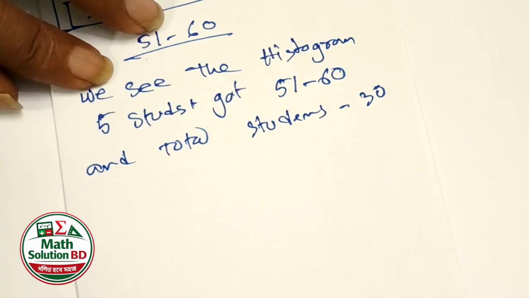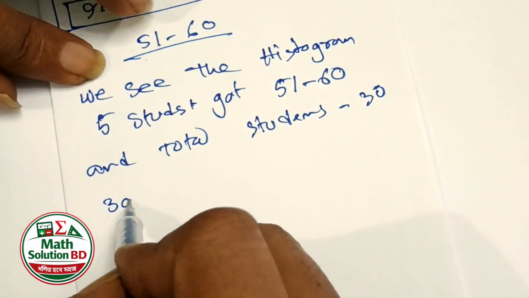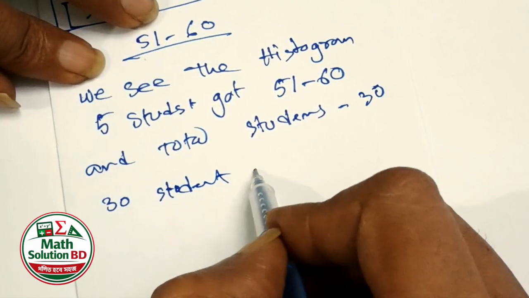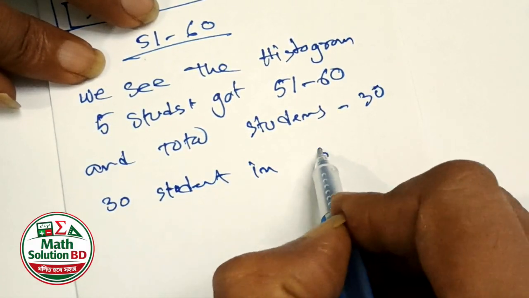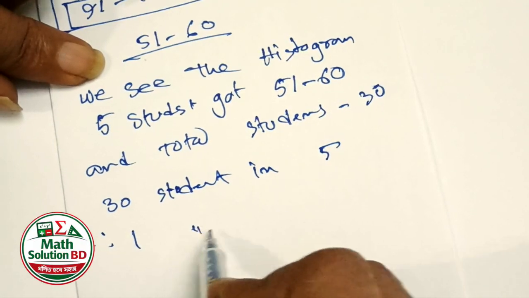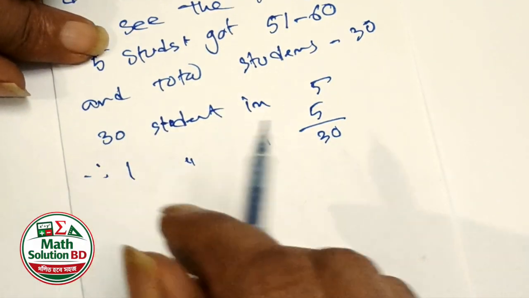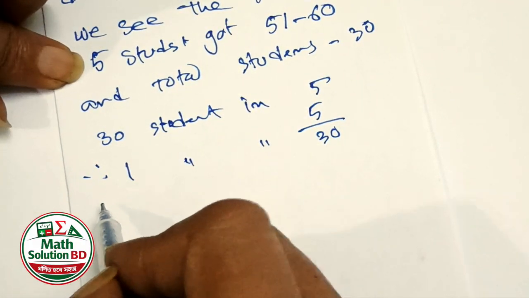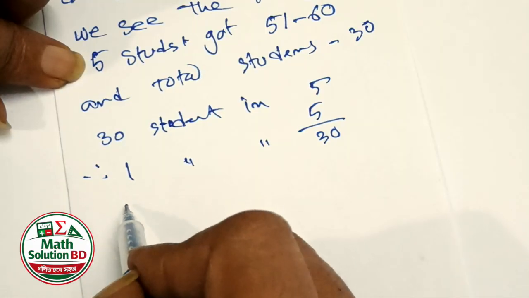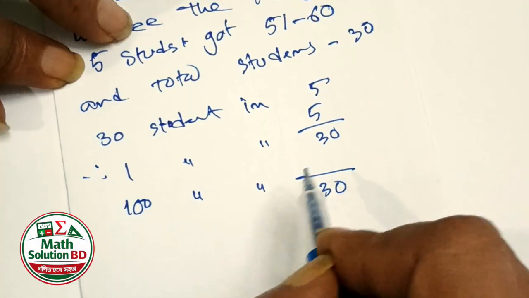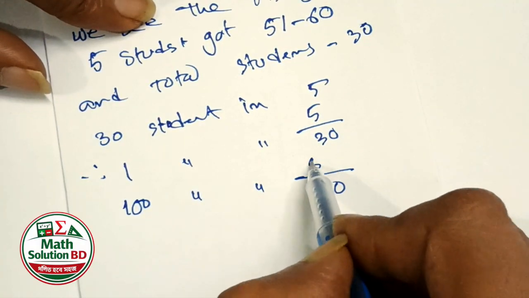Then 5 by 30, since 5 students out of 30. And the question asks for a percentage. That means out of 100. Percentage means per 100. So 5 by 30 into 100.